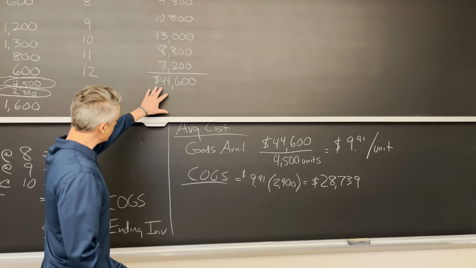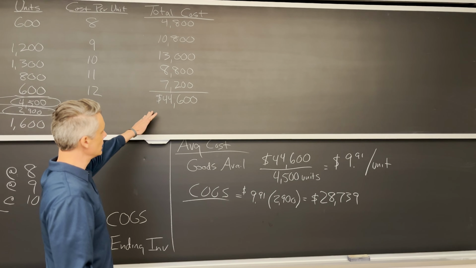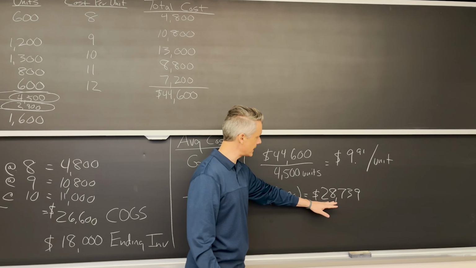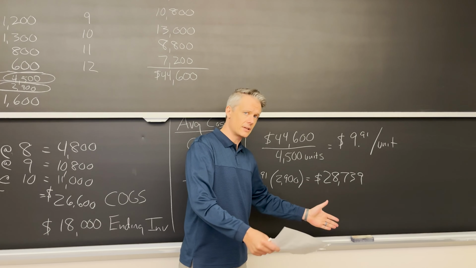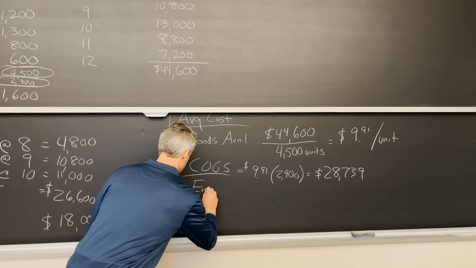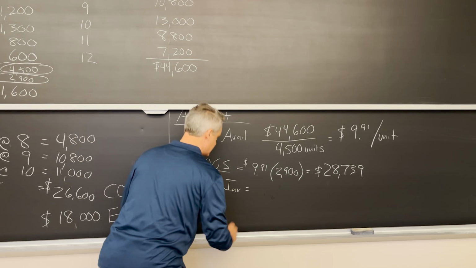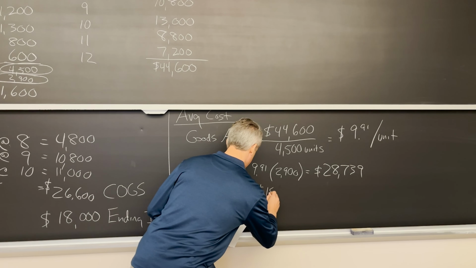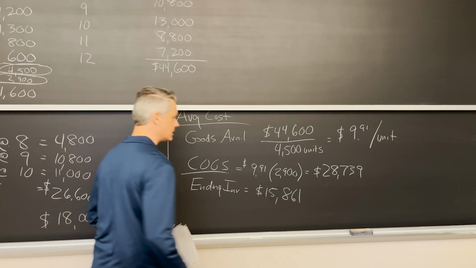Now, if we know that we had $44,600 in goods available for sale, and under average cost, we calculated cost of goods sold to be $28,739, the remainder is left in ending inventory. So ending inventory under this method comes to $15,861.